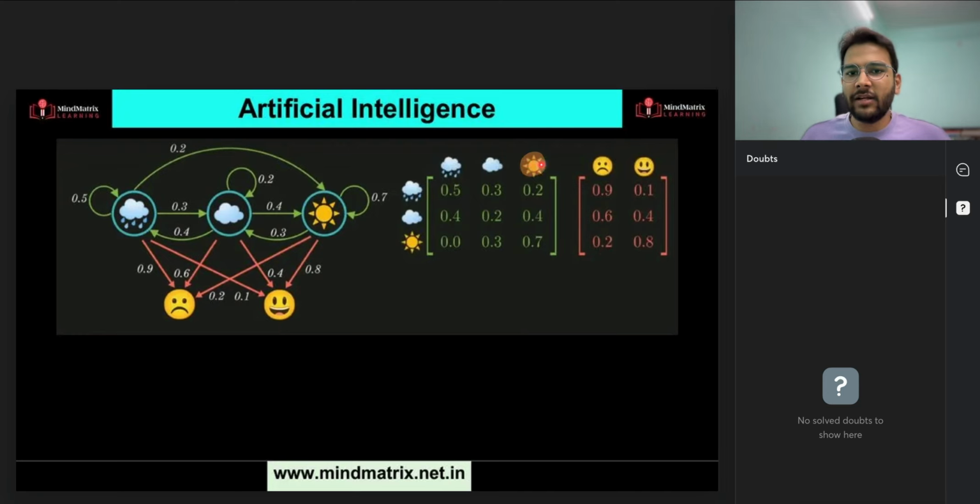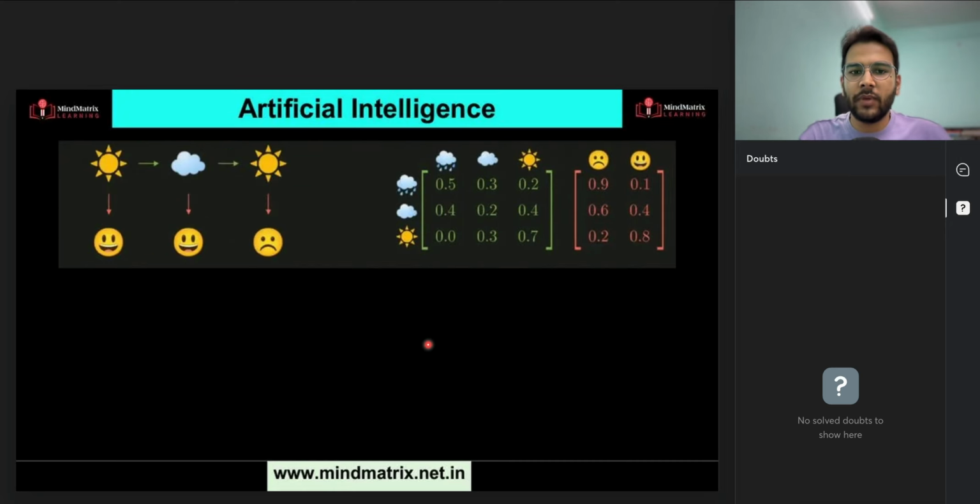So the probability that tomorrow's weather is sunny given that today it is raining is 0.2. So I hope now you are able to read these matrices, right? So we have these matrices and we also call them parameters. They are part of the parameters. These parameters will be given to us, either in the matrix form or in this graph form, because using the graph also you can write these matrices. I hope it is clear.